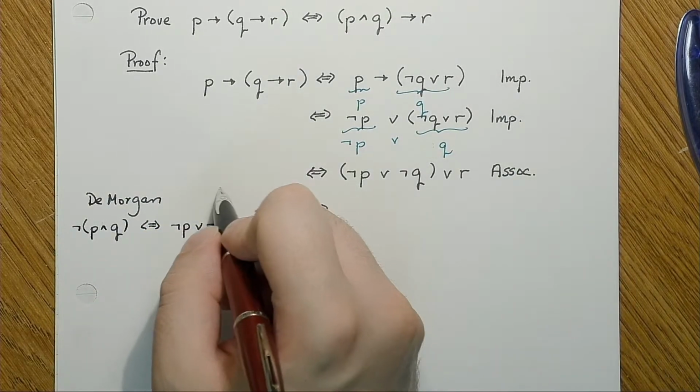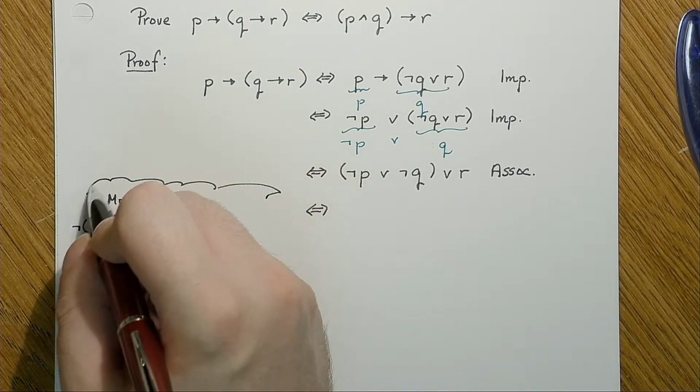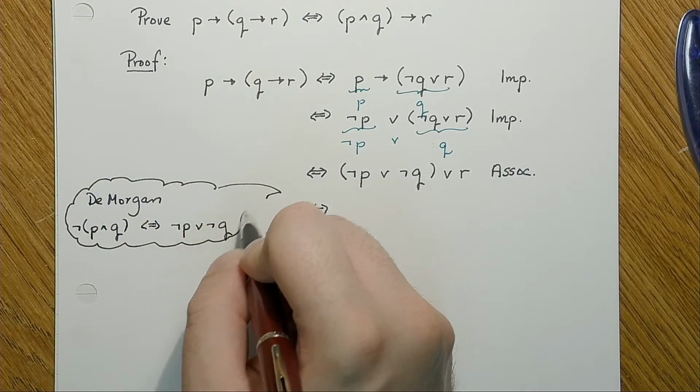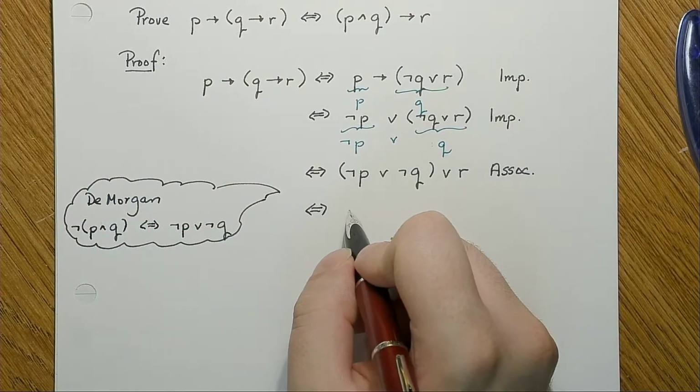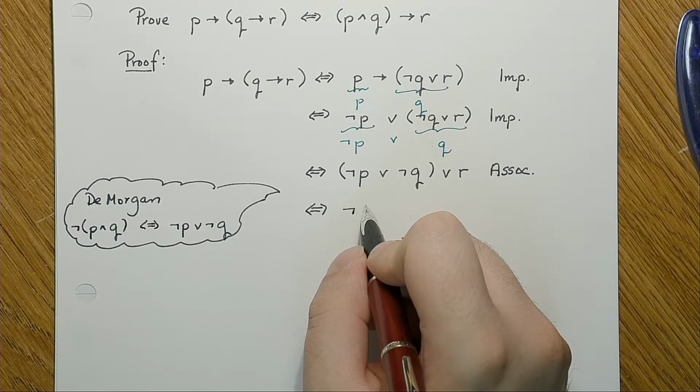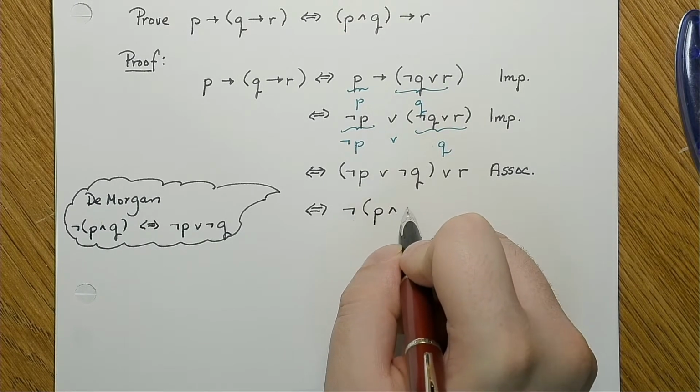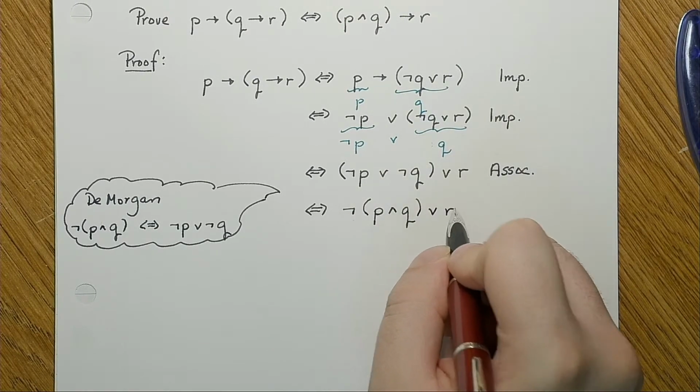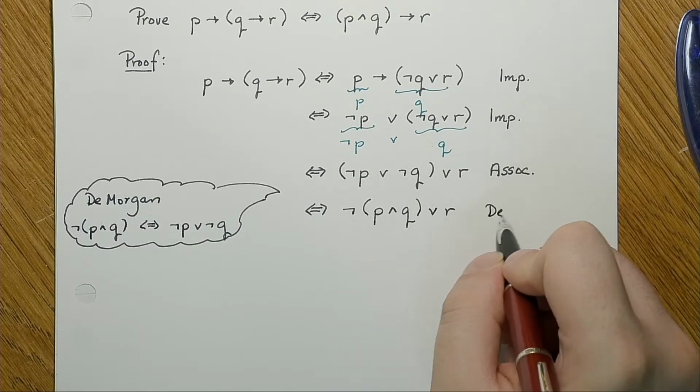Right? So in this case over here, this then turns into not P and Q, or R, and this is by De Morgan.